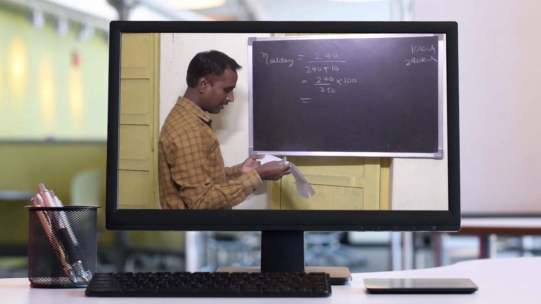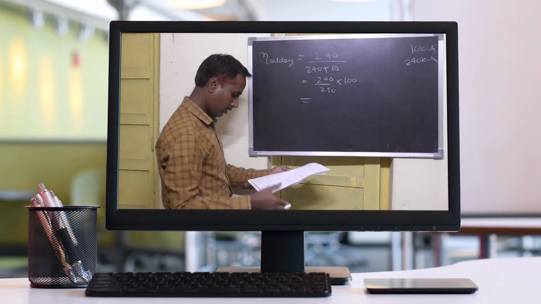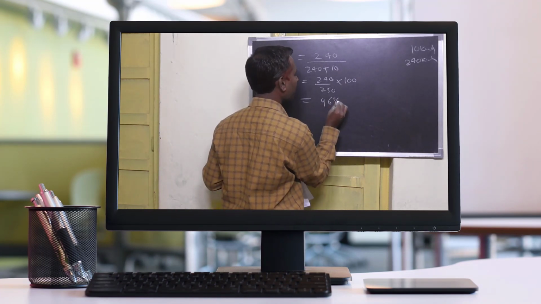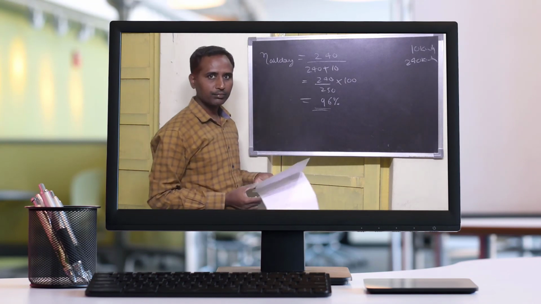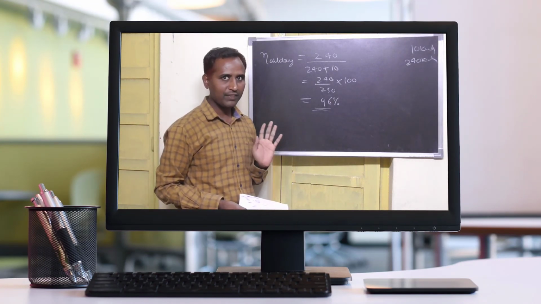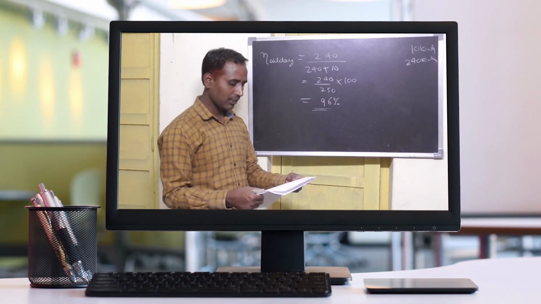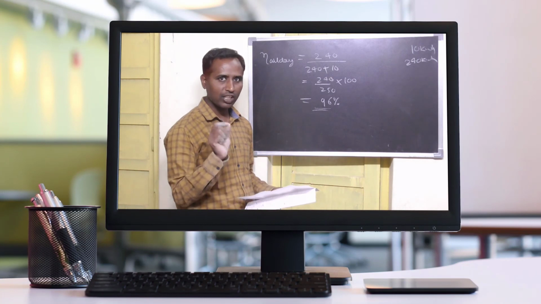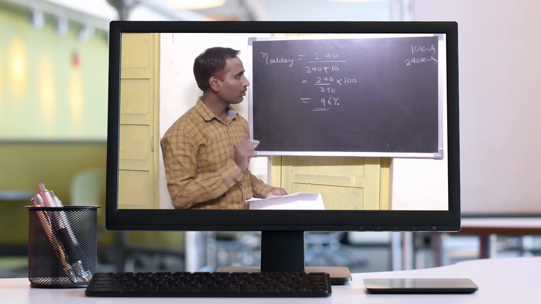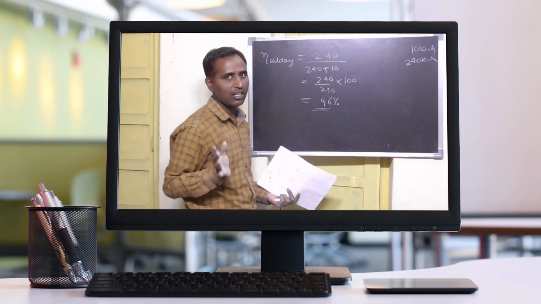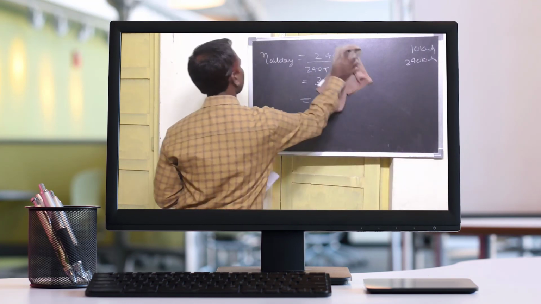We get 96%. Okay friends, I hope you understand the concept of all day efficiency. Next, the last one is voltage regulation of a transformer. I will solve one problem on this. So this topic is closed. Next we will go for 3-phase transformers.